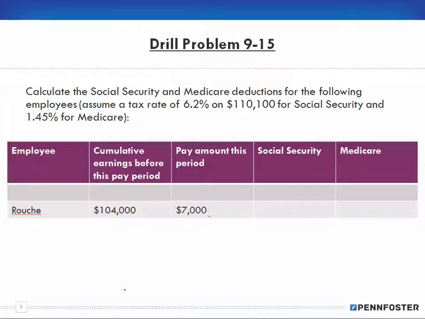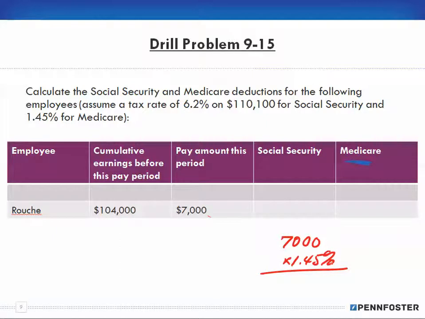Okay, so let me diagram this out here. I'm talking about Social Security here because on Medicare, it's unlimited. For Medicare, it's unlimited wages. So since I'm talking about it, I might as well do it. I have my 7,000, and I'm going to multiply that by 1.45%.